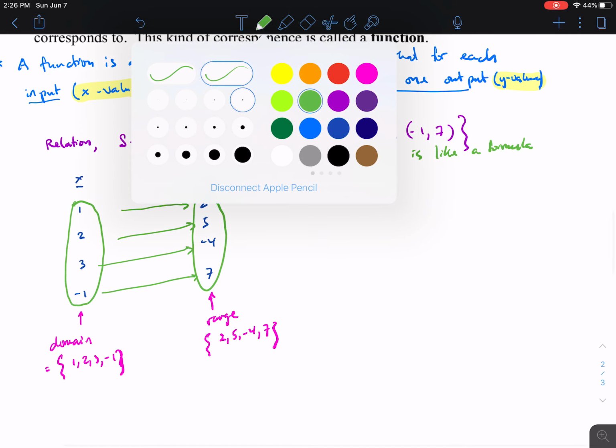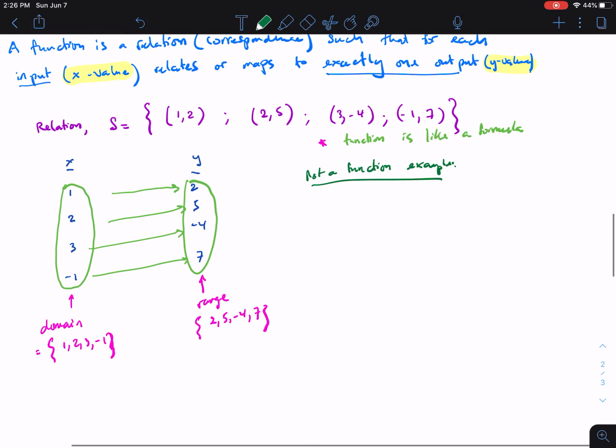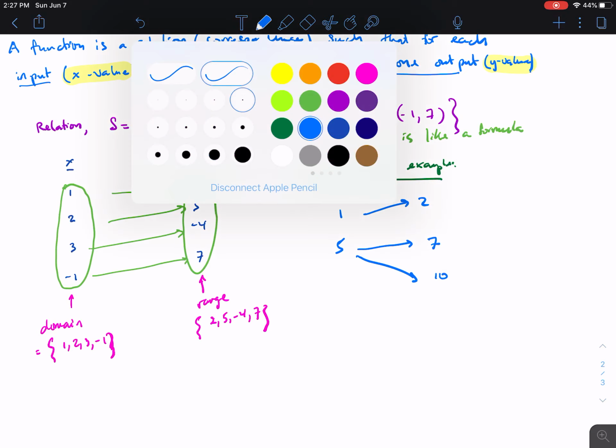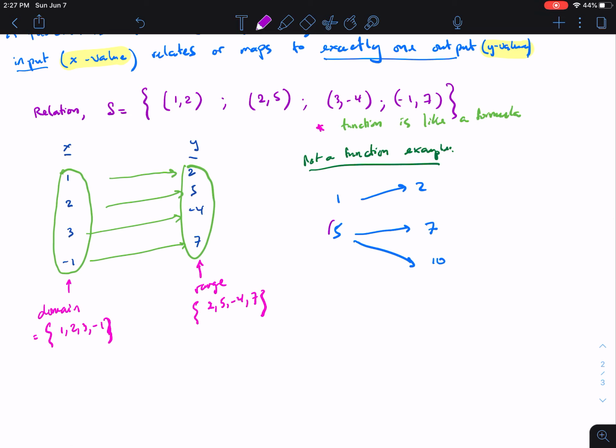What would be an example that's not a function? Let's look at this as a diagram. 1 gets mapped to 2, 5 gets mapped to 7, and then 5 also gets mapped to 10. In this case, this is a non-function example. Why? Because the input 5 gets mapped to both 7 and 10.